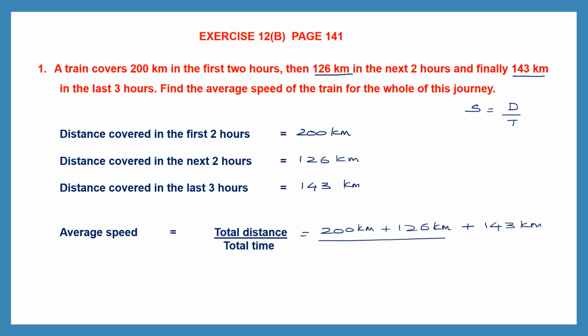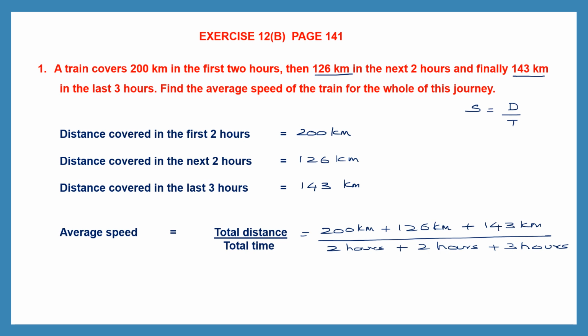Now this we have to divide by the total time, which is 2 hours plus 2 hours plus 3 hours. The first 2 hours, the next 2 hours, then the last 3 hours. By adding all this, we get the total time.